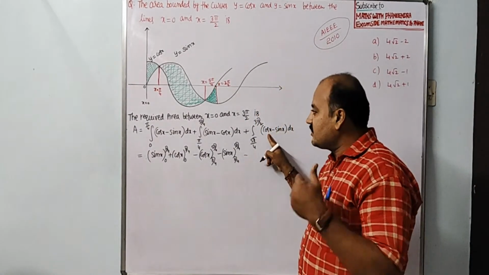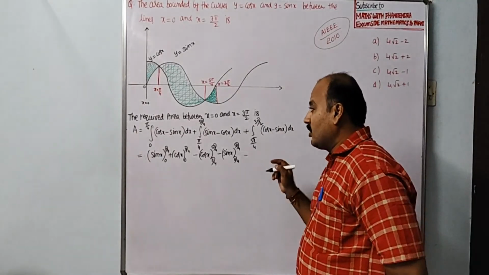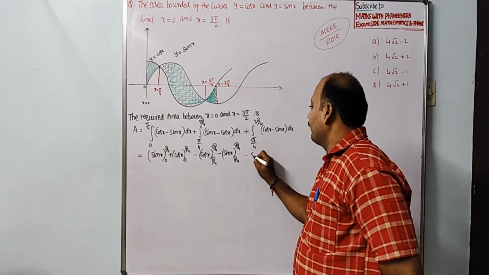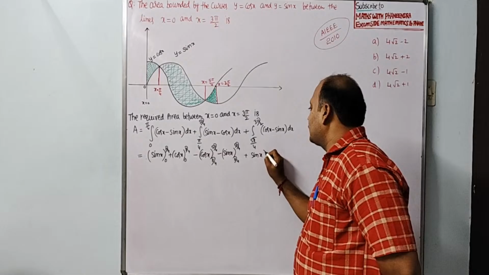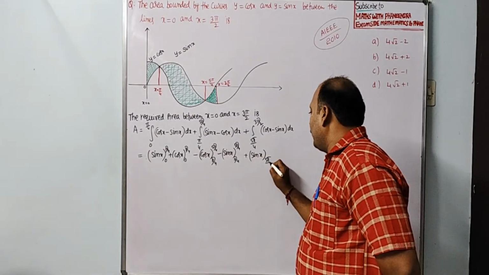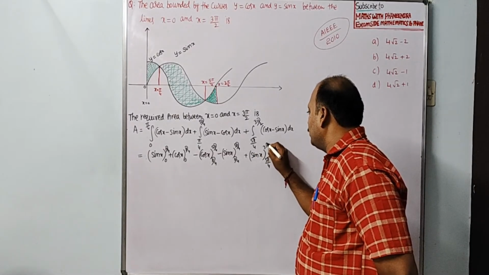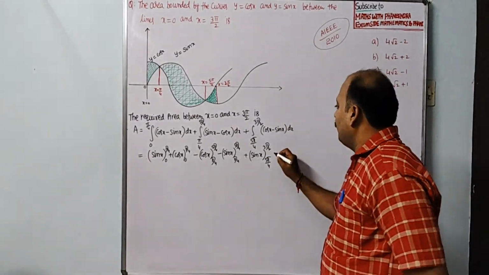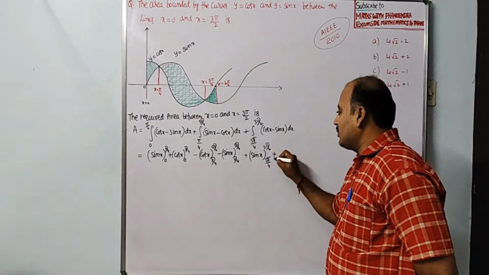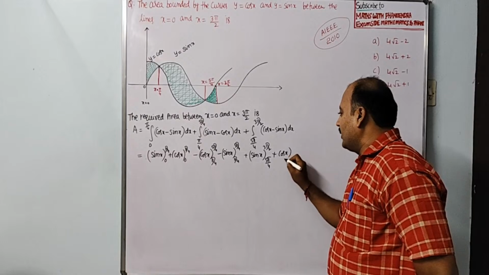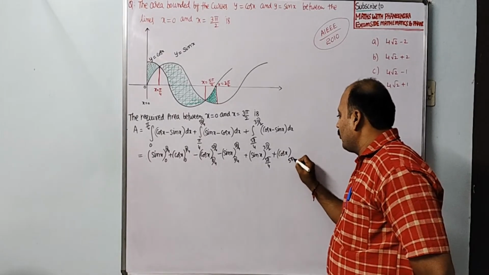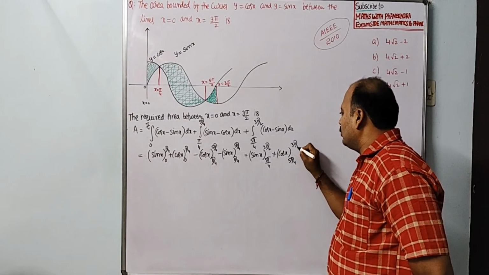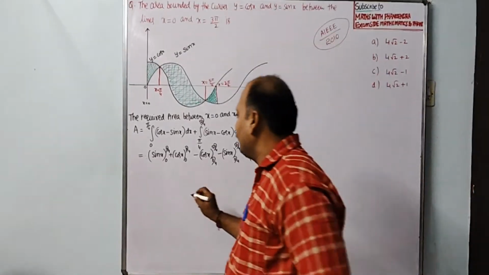Integral cos x is sin x, applying the limits 5 pi by 4 to 3 pi by 2, minus integral sin x is minus cos x, so plus cos x, applying the limits 5 pi by 4 to 3 pi by 2. Just we need to simplify.